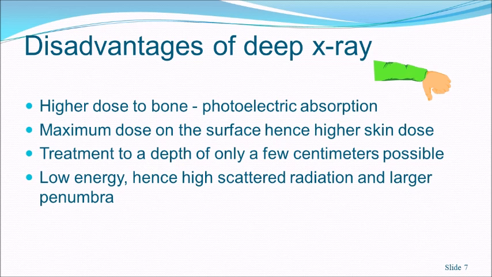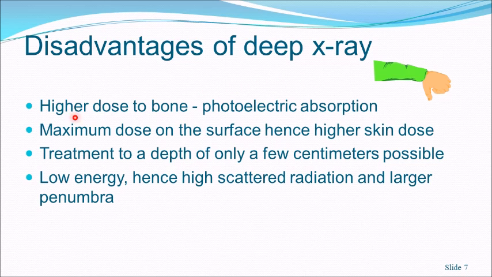Since the bone's atomic number is much larger than that of tissue, the absorption by bone is much higher. This is okay if you are treating bone, but it is not okay if you are treating tissue, as bone would receive more dose than the tissue. So this is one of the major disadvantages of deep X-ray therapy.